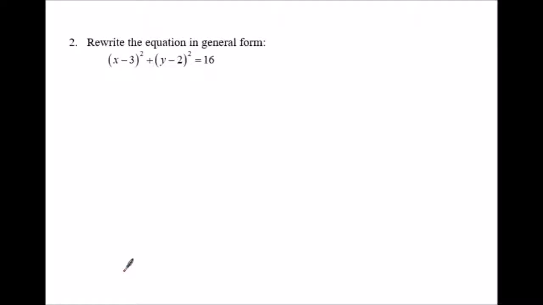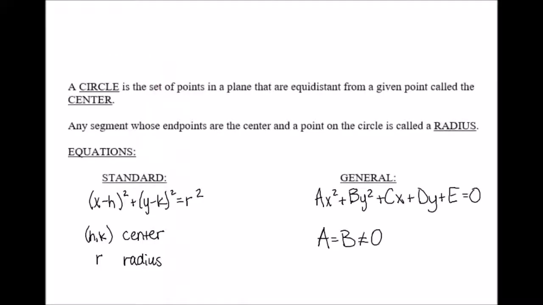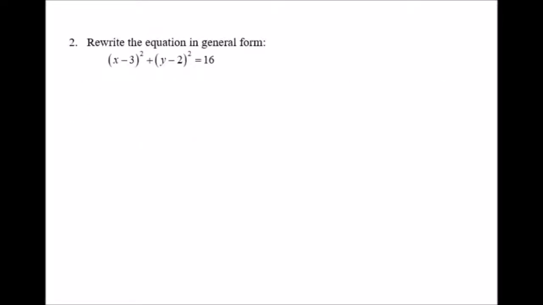Now we're going to start with an equation in standard form and change it to general form. And if you remember, general form was all written out, not in parentheses squared. So that means that we need to multiply out these squared terms.